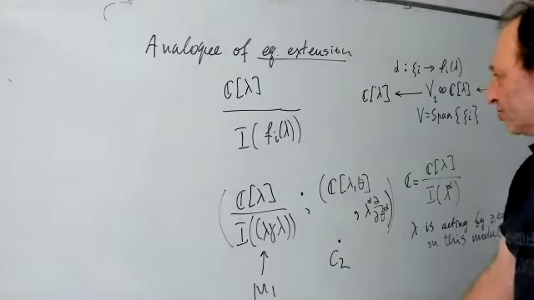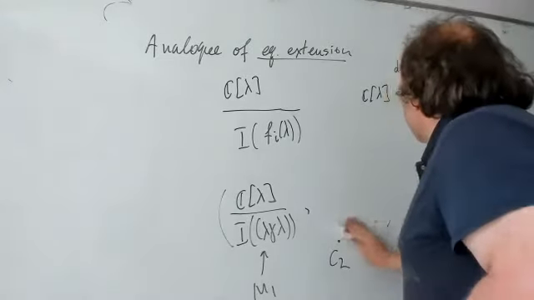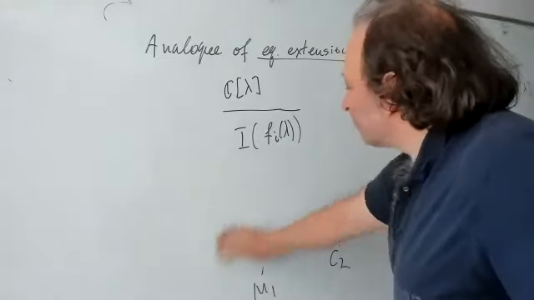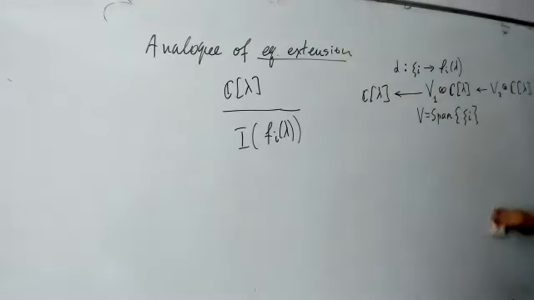So how can we do it? We need to write something that should kill cohomology that appear here.